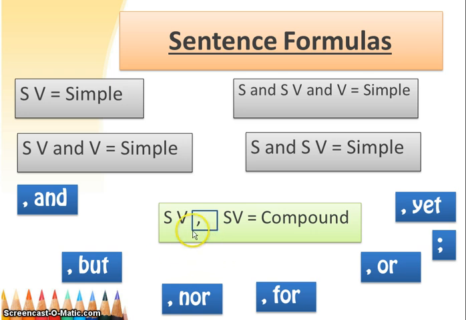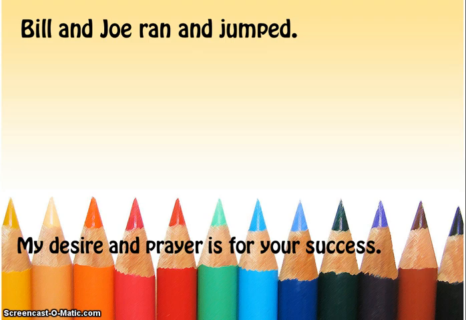So if you just go ahead and learn your compound, then the others will come naturally, and you will realize that they are simple sentences, because the compound has that comma and a conjunction. Whereas, yes, some have conjunctions, but notice there are no commas there. Let's look at a few of them.